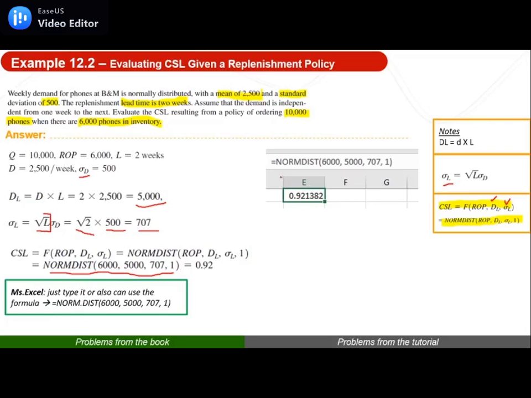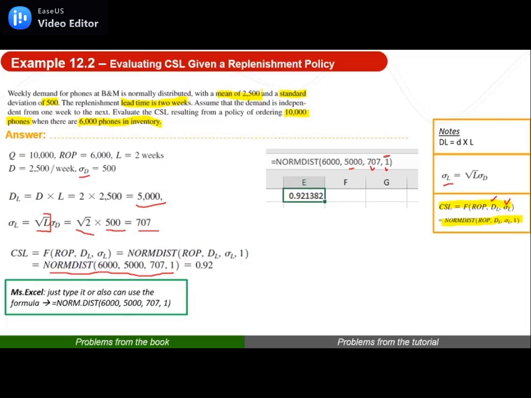Okay, so in this Excel I have computed the formula, that is NORM.DIST, and then the ROP, that is 6,000, and then the DL, that is 5,000, and the standard deviation of L, that is 707 and comma 1.